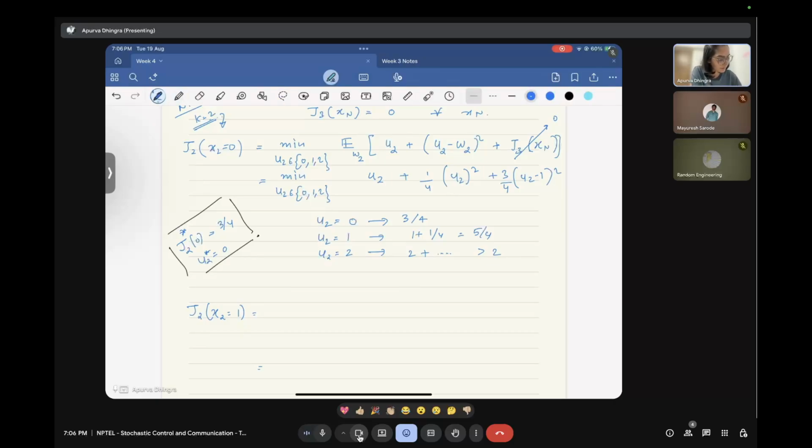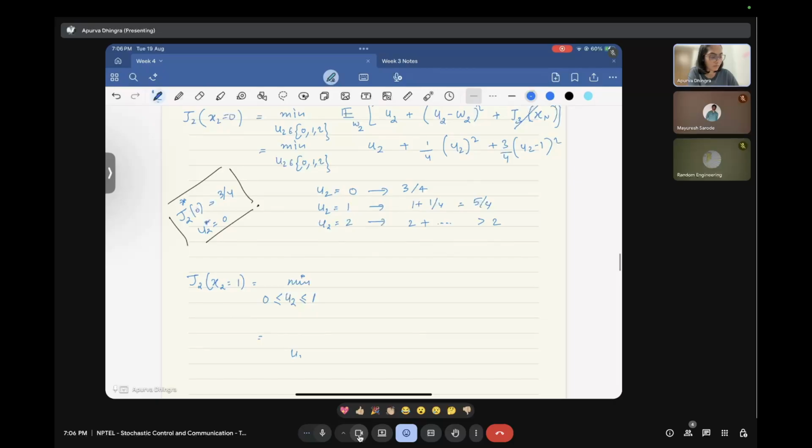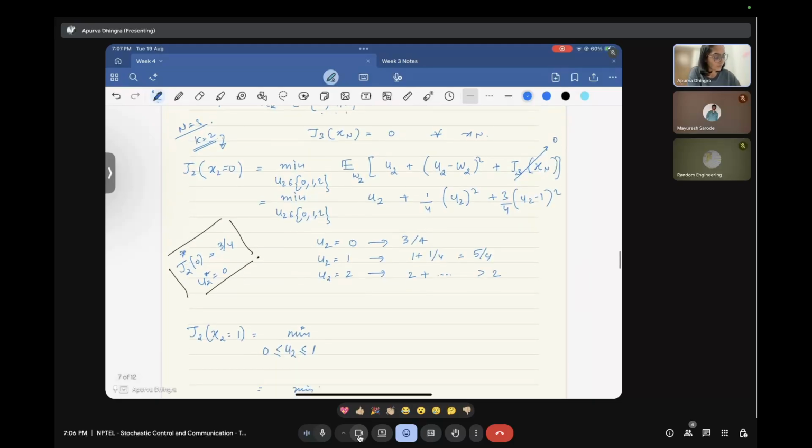So same thing. Now this time u2 is supposed to be greater than or equal to 0 for general cases. This time it's supposed to be less than or equal to 2 minus x2, which is 1. So the allowed values of u2 are 0 and 1. Okay, what are we minimizing?